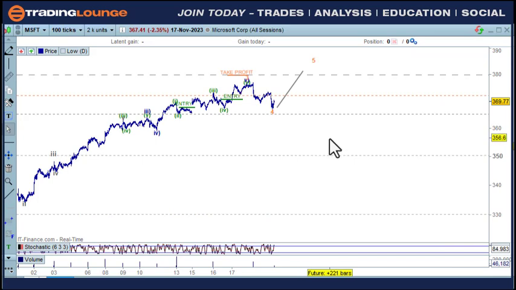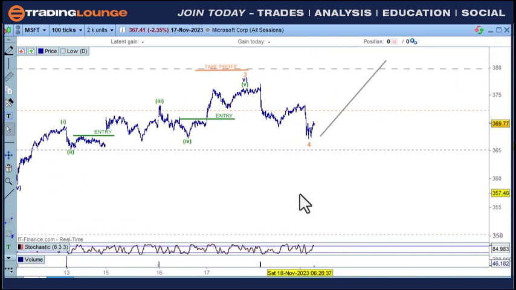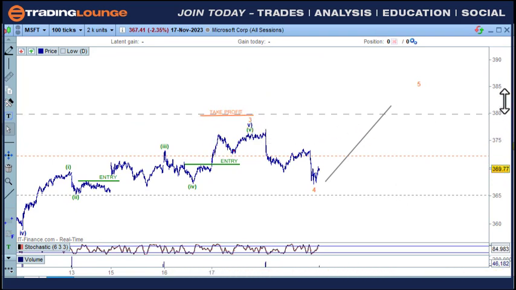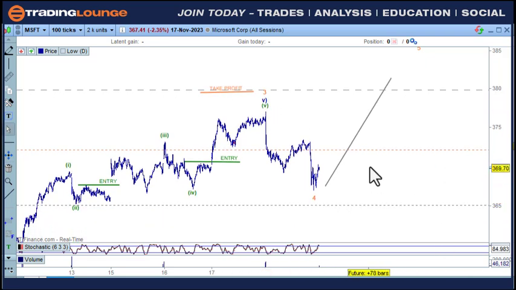And Microsoft here as well. So on Friday we were looking for the top. They didn't quite get to our take profit 380 area, so we'll need to put this here, and the wave 4 will be in at this point. If you're still in this, then stock will go here.